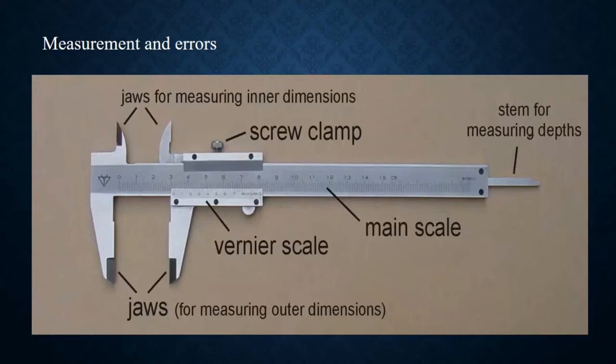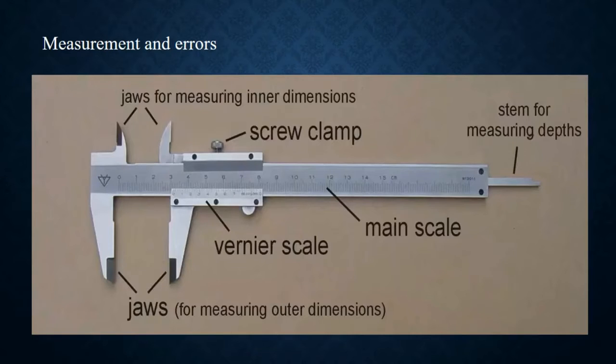The first instrument is the Vernier caliper. This is a photo of a Vernier caliper. It contains a main fixed scale and a secondary sliding scale, as shown in the figure in blue. The smallest division on the fixed scale is usually 1 millimeter.